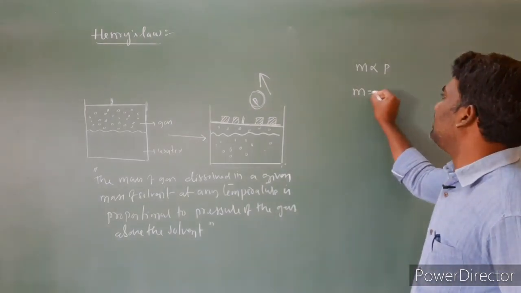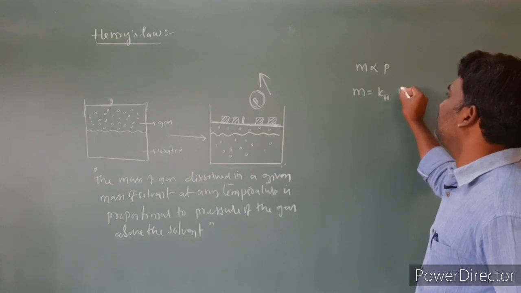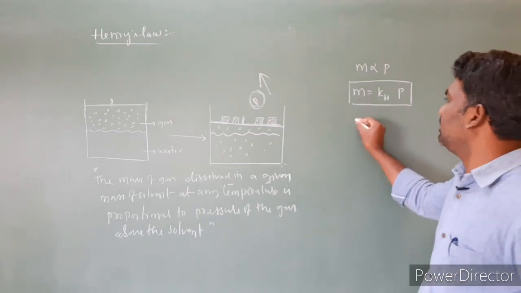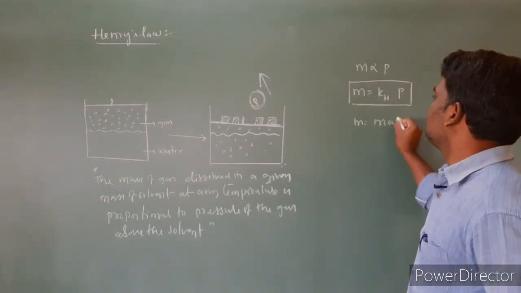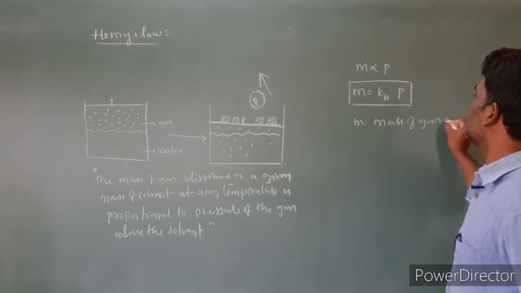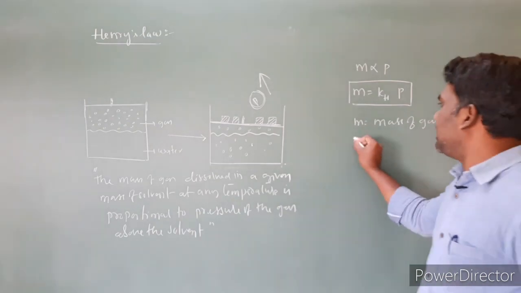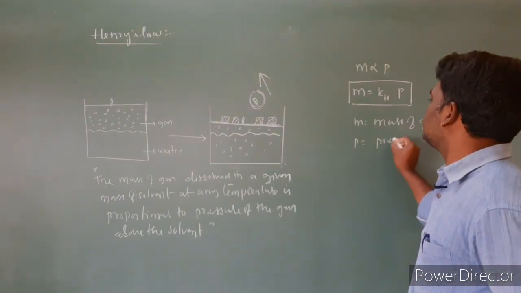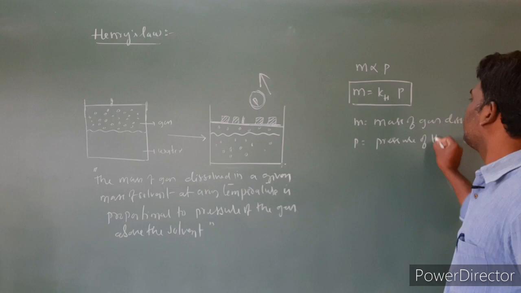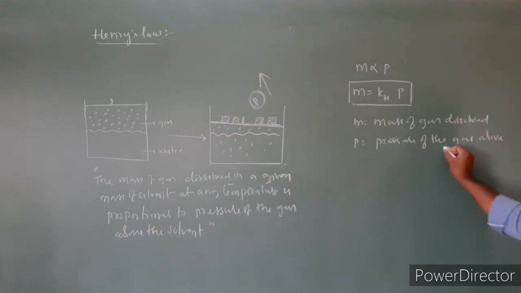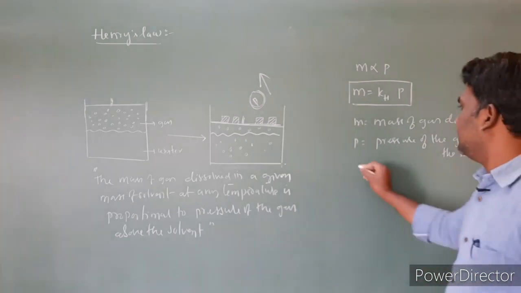So M is equal to KH into P. This is the equation of the statement. Here M is the mass of the gas dissolved, and P is the pressure of the gas above the solvent.